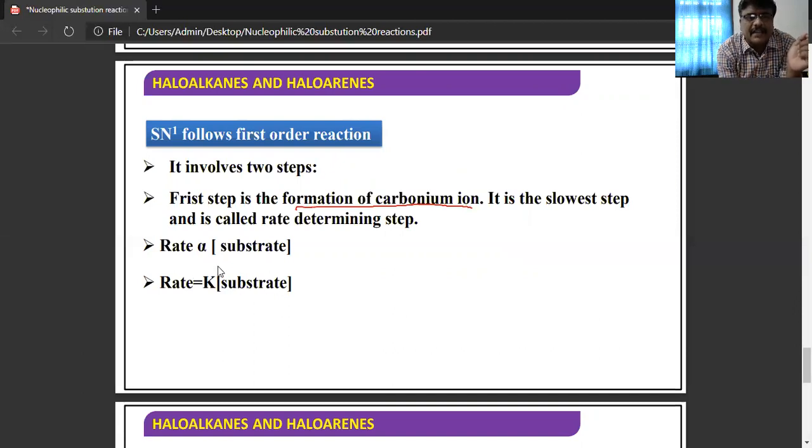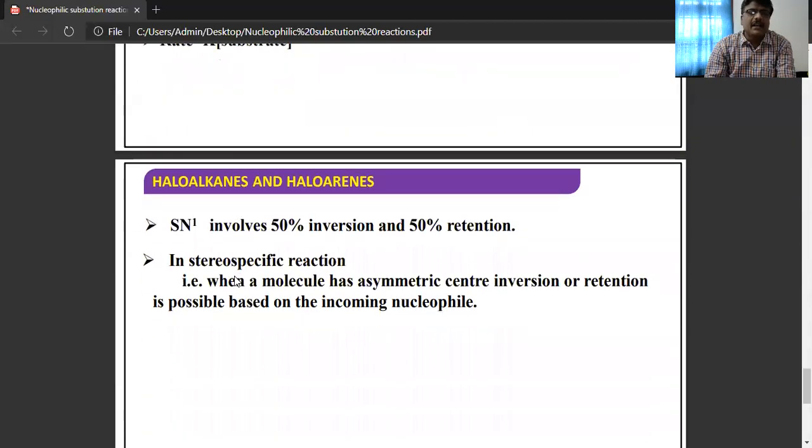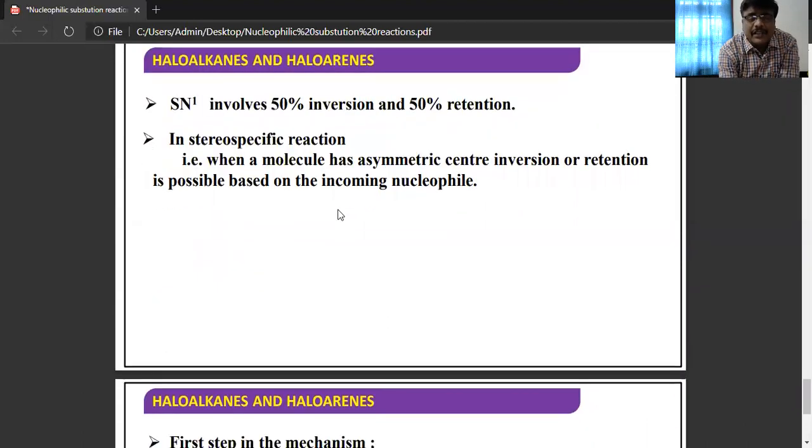So rate is directly proportional to the substrate, or rate is equal to K into the substrate, depending on the concentration of a single reactant. SN1 involves 50% inversion and 50% retention. Retention means it remains as it is, with no change.